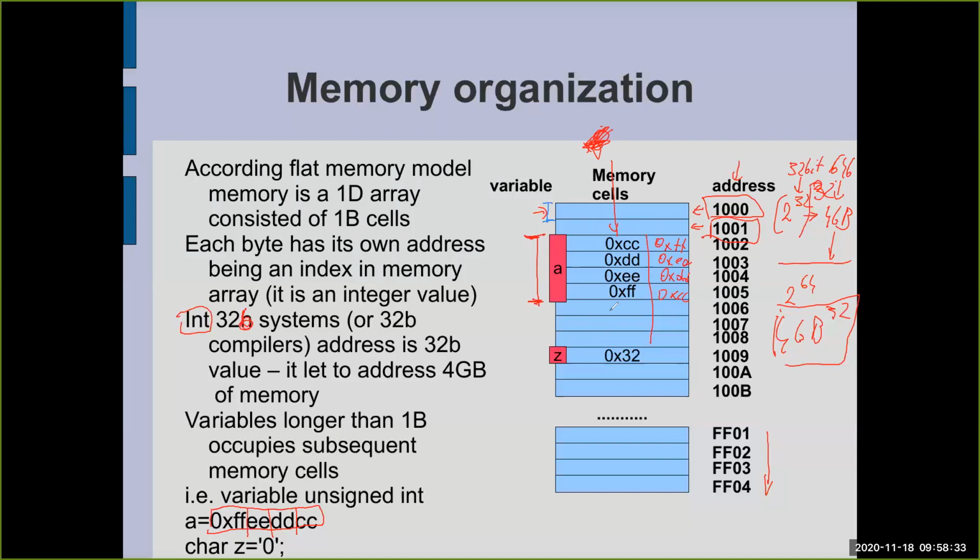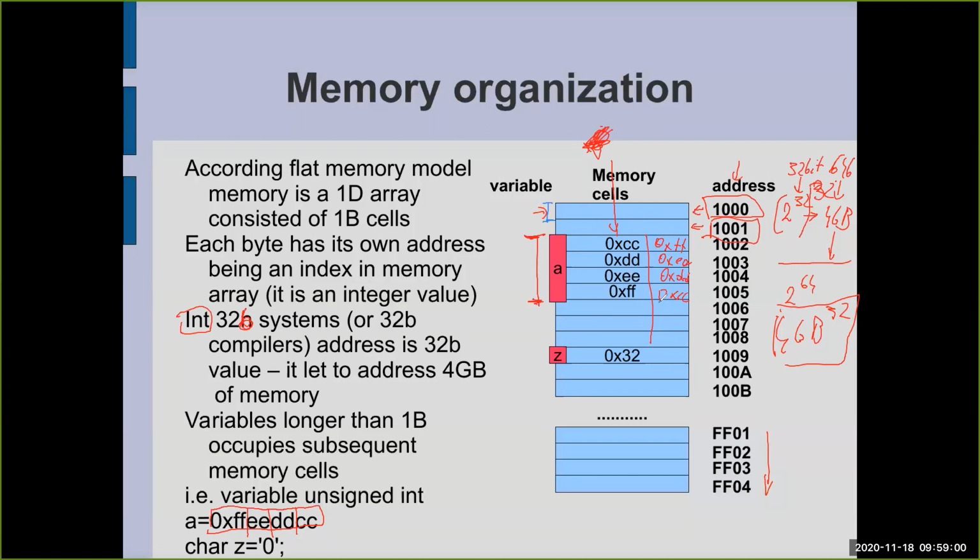It is called little endian. But in some server processors like Sun or Sparc, the organization is different. They are represented in opposite order. So the bytes are organized in opposite order. And this organization is called big endian.